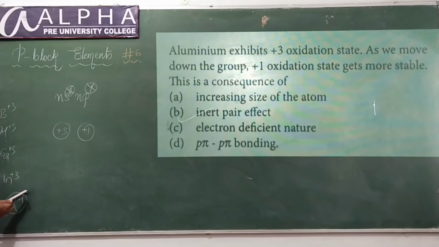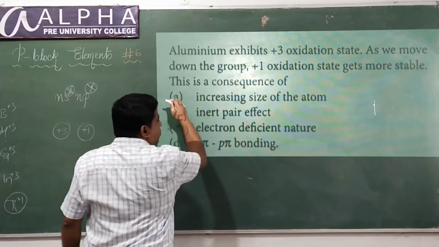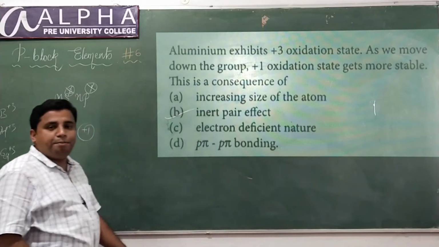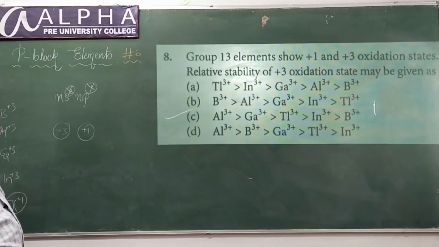Why will thallium exhibit the +1 oxidation state? Thallium is more stable in the +1 oxidation state because of a phenomenon called inert pair effect. So what is the reason? This is a consequence of what? Inert pair effect. Therefore the answer is option B. Any doubts? Next question.